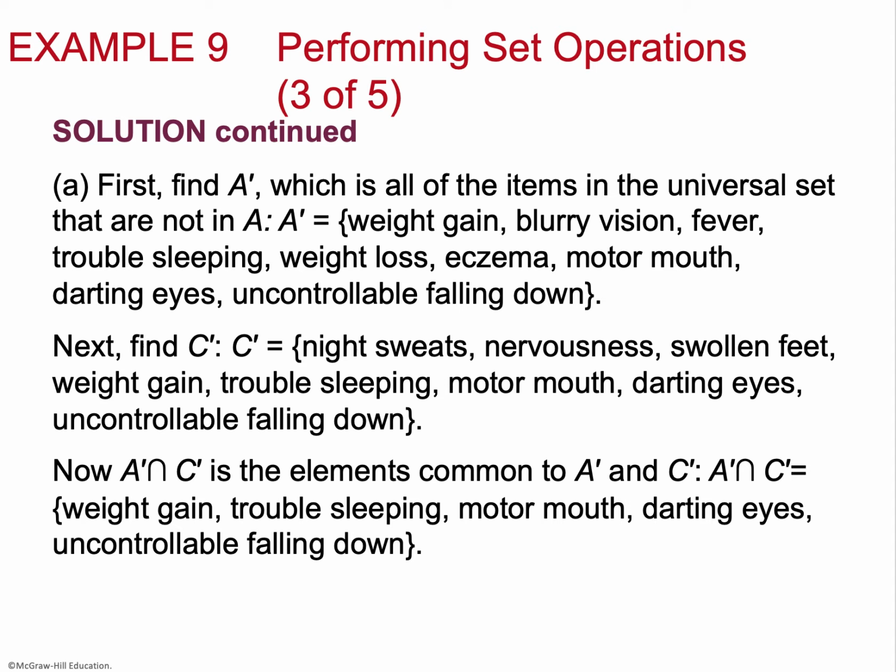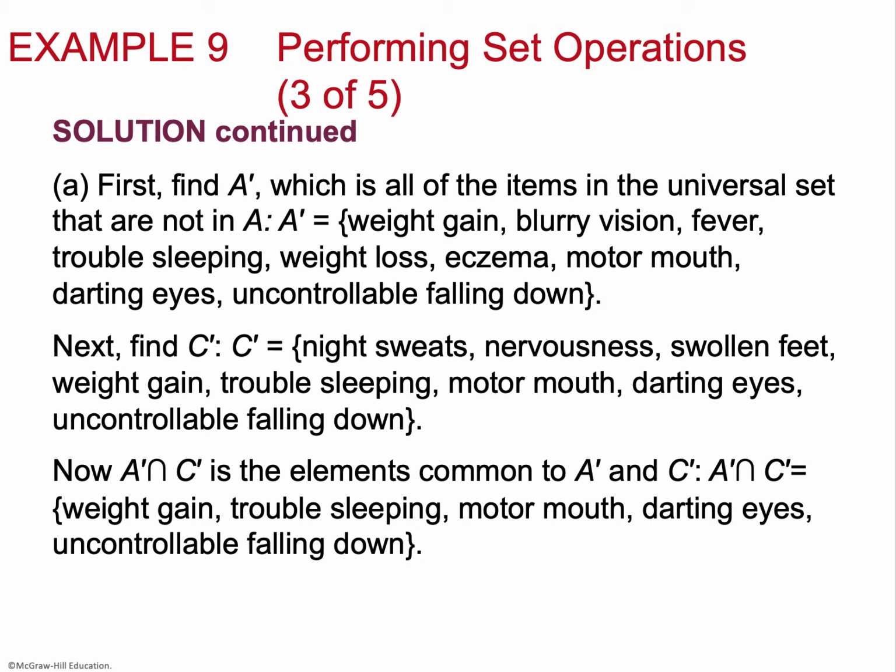So first, before I can deal with the set operation, I need to find the complement of A. So what are all the items in the universal set? So all the items in every set list that are not contained in A. So I have all of those things. Then I have to find the complement of C, all the items in the universal set that are not in C.